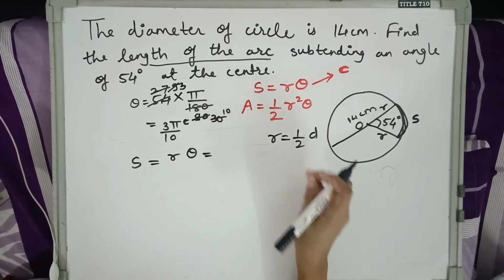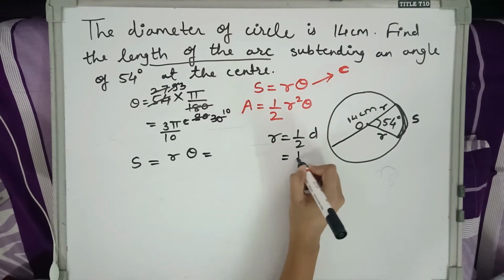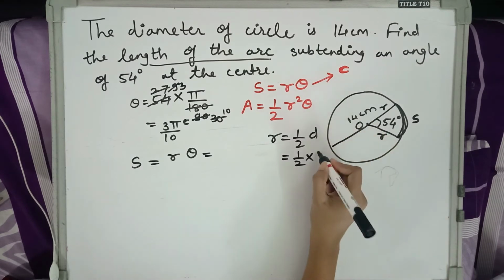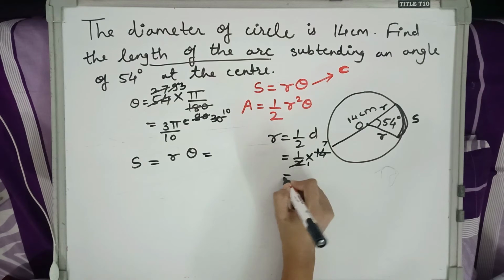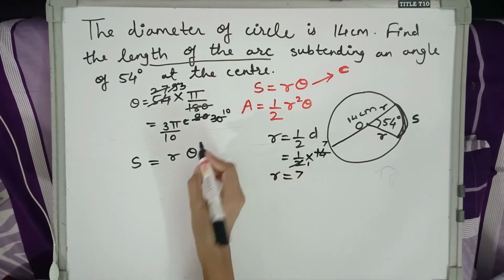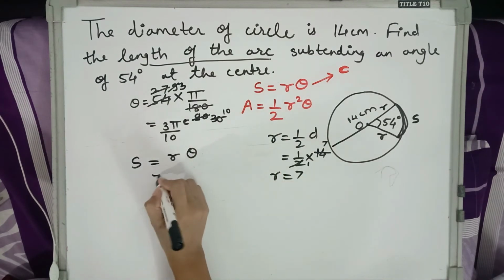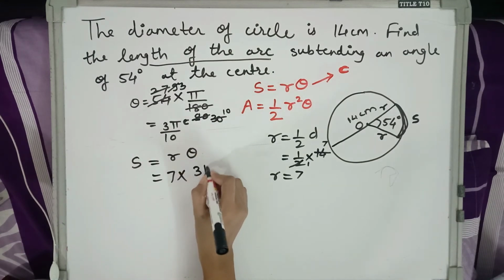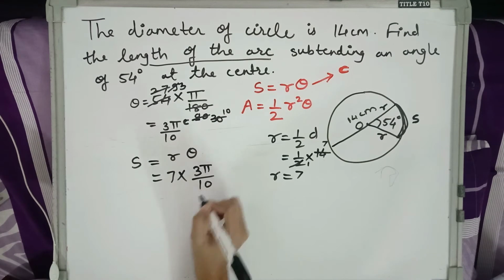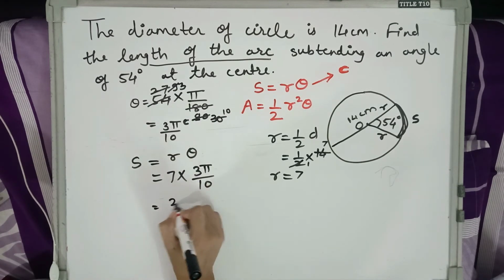So 1/2 into diameter 14. 2 ones are 2, 7 twos are 14. So our radius will be 7 and our theta is 3 pi by 10.